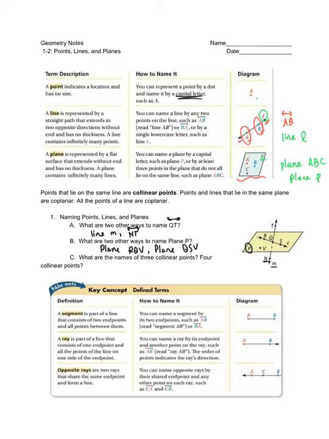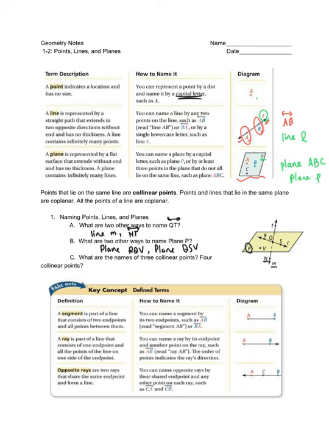What are the names of 3 collinear points? Collinear means they lie on the same line. So in order to figure this one out, we need to find a line that has 3 points on it. So the 2 lines you have are lines TN or TQ that we already talked about, and then line RQS. So let's use our line that we see 3 points that are all inside of the plane.